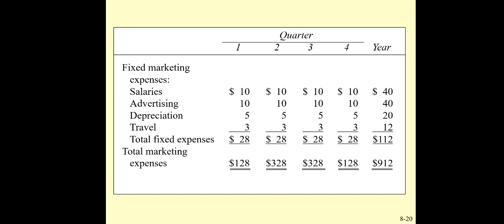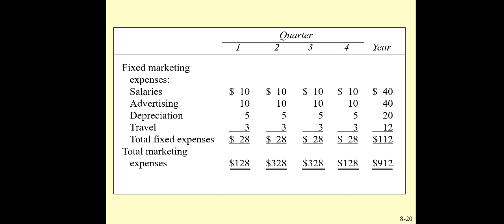So every quarter the total fixed marketing expense is 28,000. Total for the year is 112,000. So total marketing expense for the first quarter is 128,000.